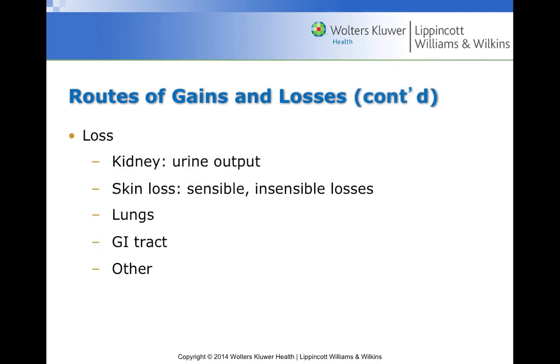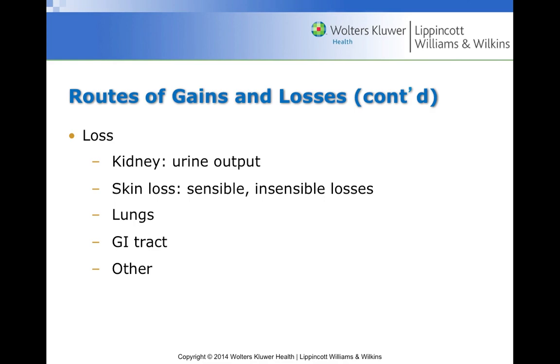When looking at the losses, we talked about the kidneys and urine output and through the skin. Looking at the lungs, they normally eliminate water vapor, which is also an insensible loss, at a rate of approximately 300 mLs per day. The loss is much greater with increased respiratory rate or depth or in a very dry climate.